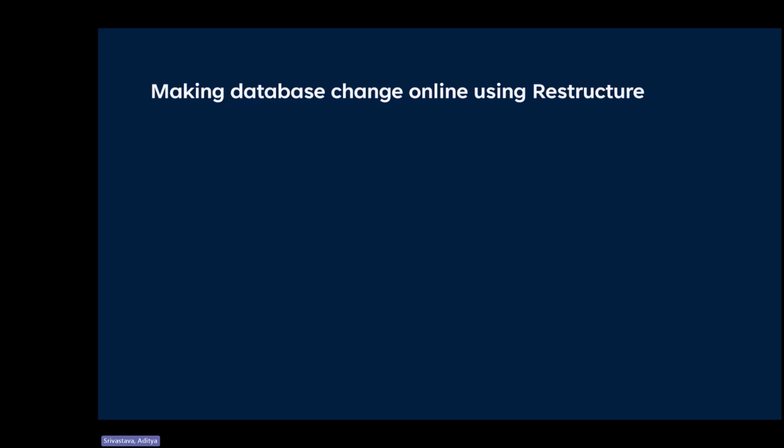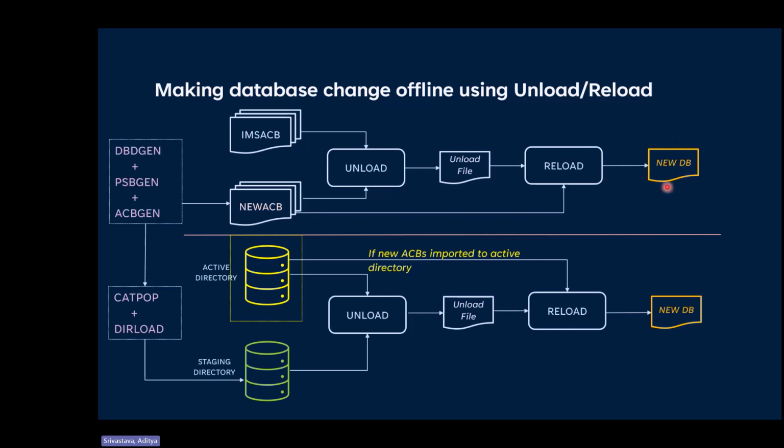Okay. So obviously, when you use unload and reload, this is basically what I have in the previous slide. If I quickly go back, we have seen that we have created a new definition, and this is offline right now, right? After this, I will use some type of product like BMC Delta or Delta Plus product, that is Change Manager for IMS-TM, or we might have some other vendor product like Online Change, and we'll refresh the control blocks in IMS using those products, right?